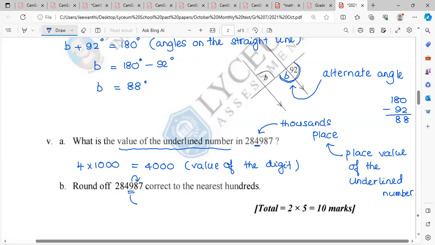Now when I add 1, what will happen? 9 plus 1 becomes 10, right? But I can't write the 10 here, I just write 0 and that 1 I add to the 4, then that becomes 285,000. So here you write nearest 100.